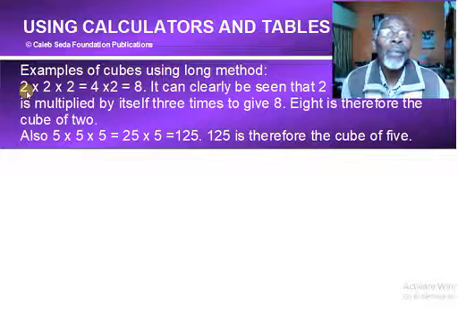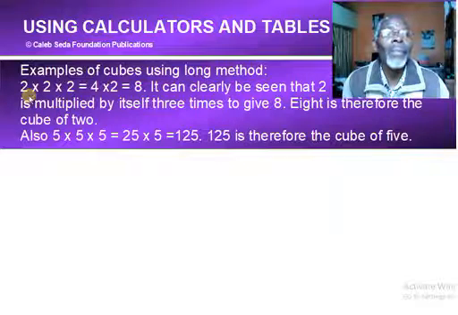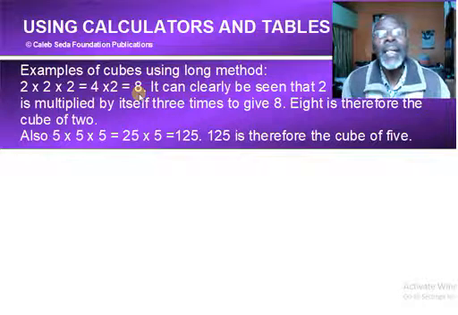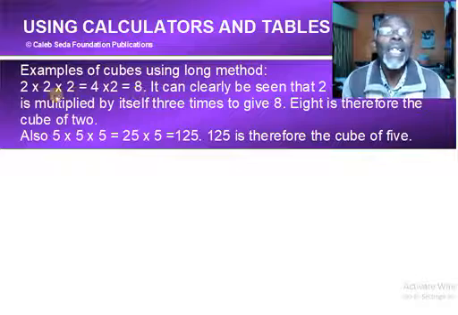For example, we have a number 2. 2 multiplied by itself 3 times, that is 2 times 2 times 2, gives us the number 8. From the definition of cube, 8 is a cube of 2.